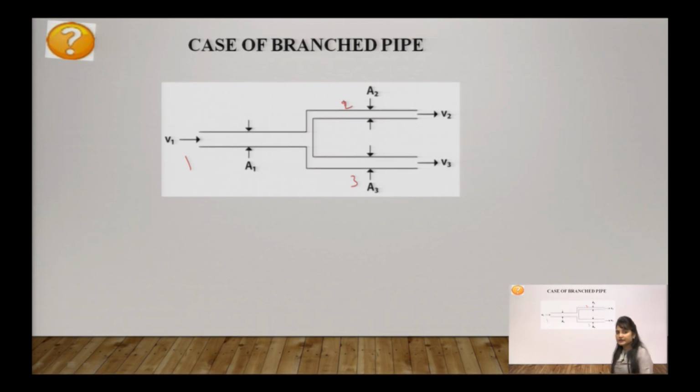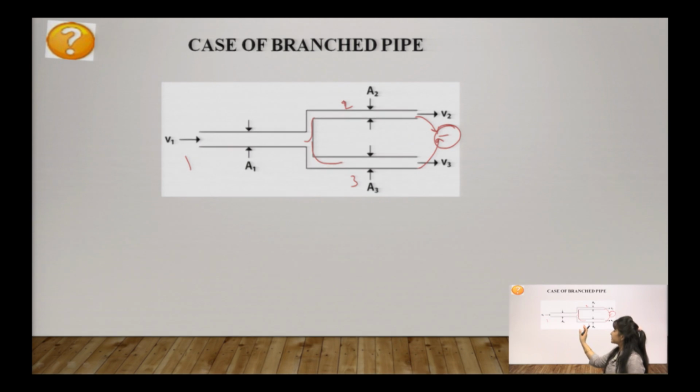There also the phenomenon is very simple and the same: discharge remains constant. The amount entering from here will be equivalent to the amount moved over there and over there. That is, the amount collected from this pipe and the amount collected from this pipe will be equivalent to the amount provided at the inlet of the pipe.